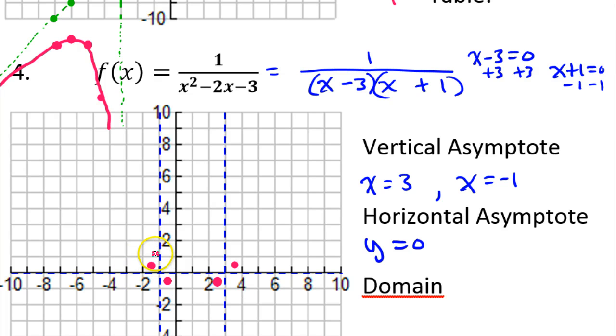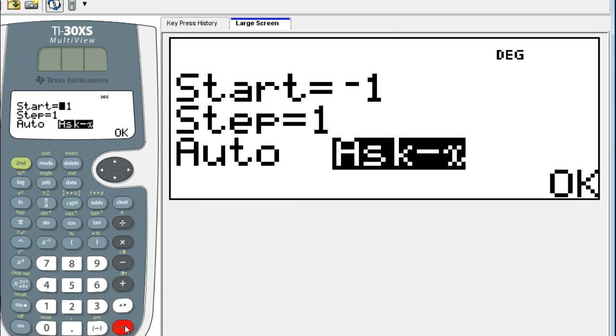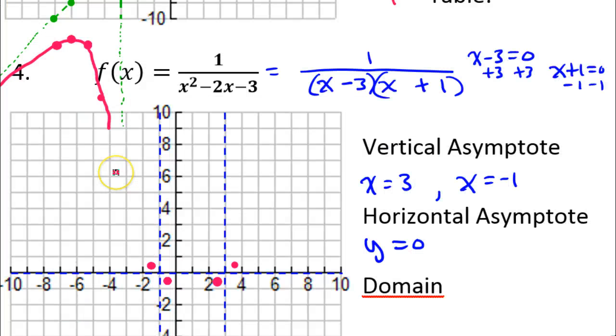Now, I'd like a couple more points over here to the left, but for the rest of the points, I'm going to switch back into auto mode so I can just scroll without all this typing. I just needed ask mode for the decimals. Okay, so let's take a look at -2 and -3.